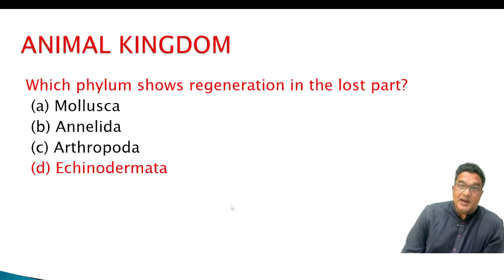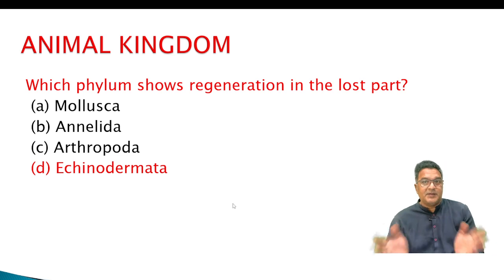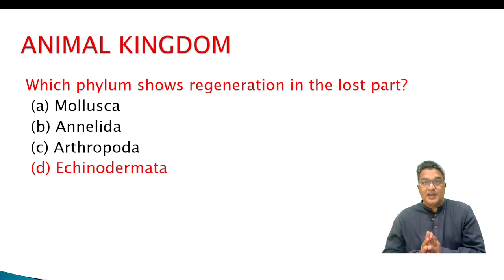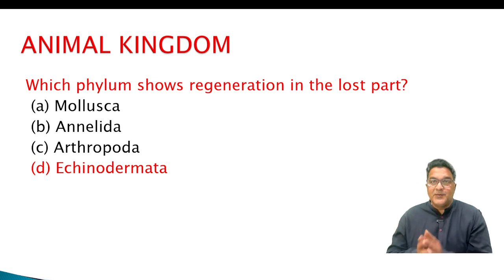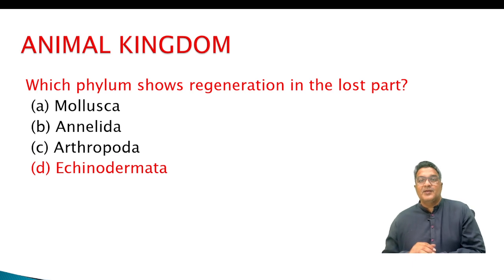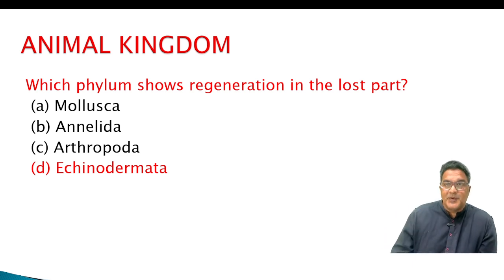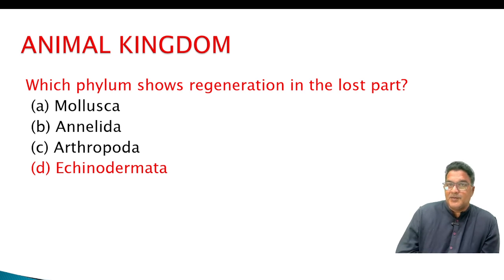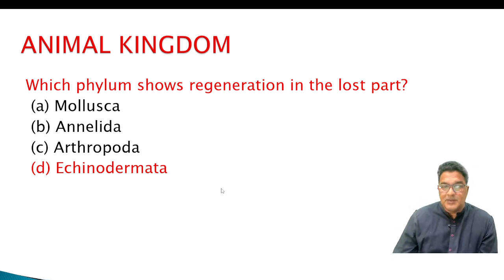NCERT should be followed. Likewise, bioluminescence is a characteristic feature of Ctenophora, a previous year question. We have firefly from phylum Arthropoda, and Pyrosoma, a highly bioluminescent organism from subphylum Urochordata. We have bioluminescence in almost all phyla, but we should follow NCERT. Extra knowledge is too dangerous.